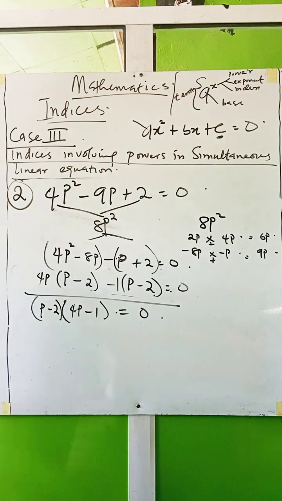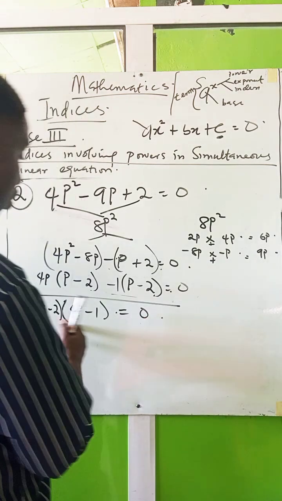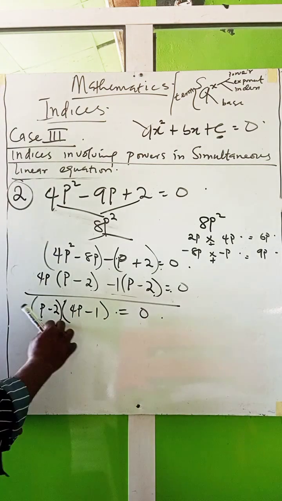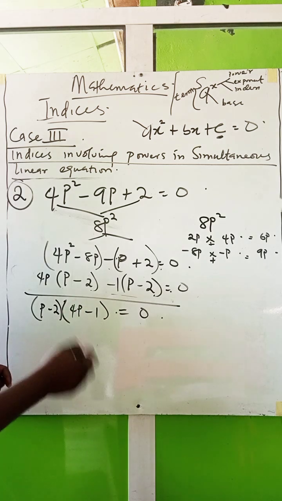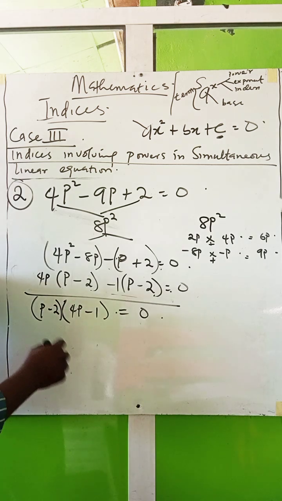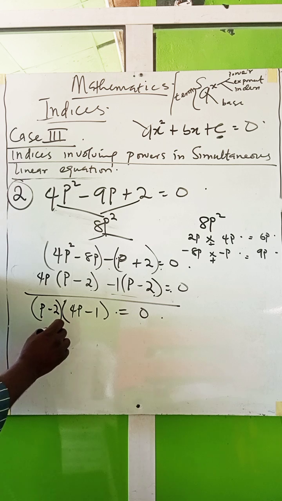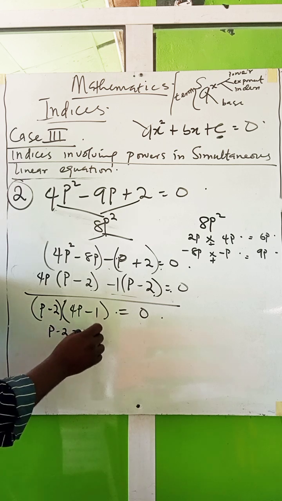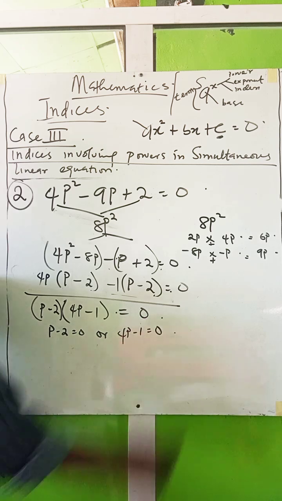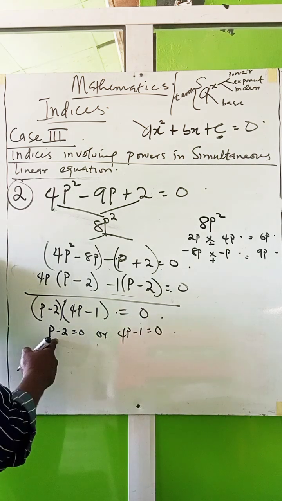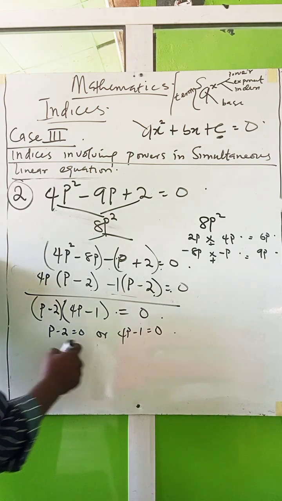Now, there is a saying that anything multiplied by 0 is also 0, which means one of them is equal to 0. Either this or this is equal to 0. So we now come up with another expression: p minus 2 equals 0, or 4p minus 1 equals 0. You can find p here.